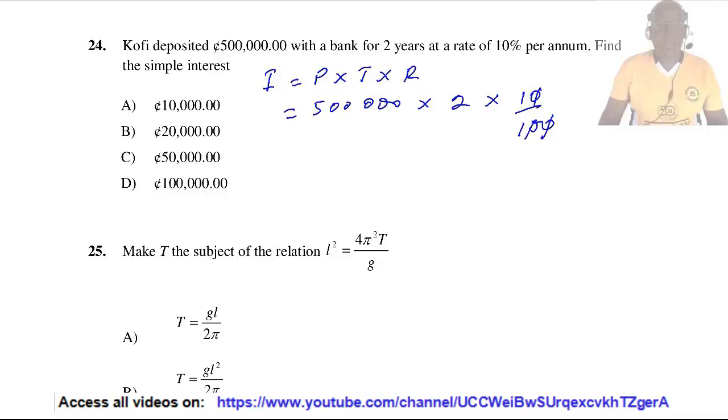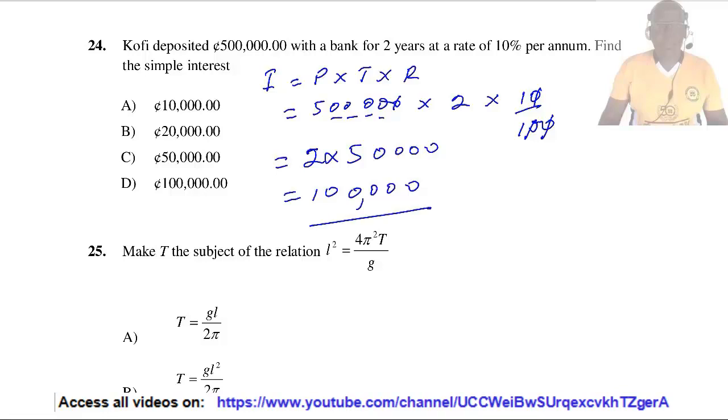Zeros will cancel out, so we shall be left with 2 times 5, which is 10, and the remaining zeros. So the answer is D.